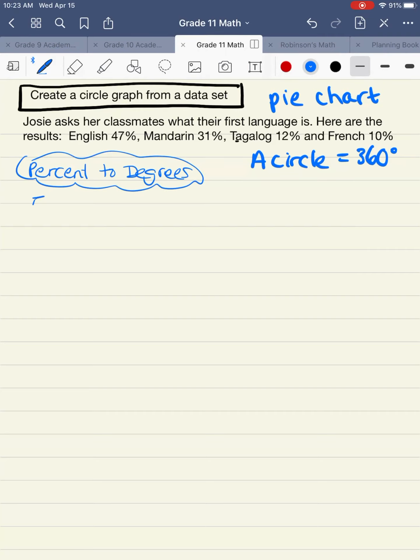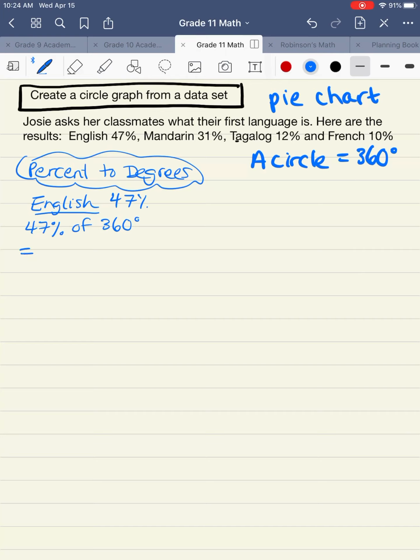So let's start with English. English, we are at 47% of the students are saying this is their first language. So we need to find 47% of 360 degrees. Some of you know how to use the percentage button on your calculator. Go for it. You can get straight to your answer.